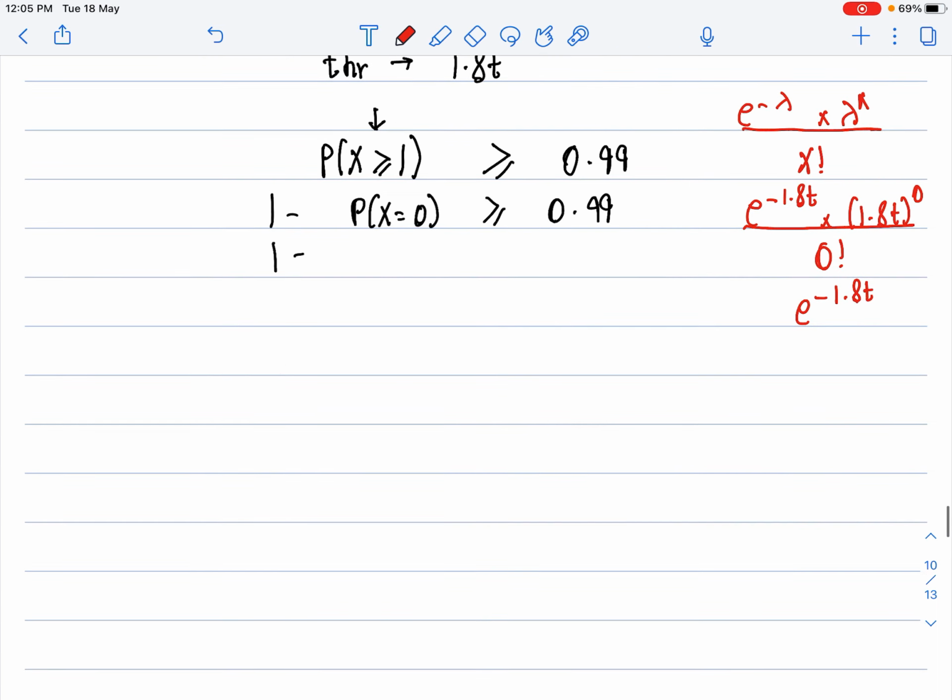So I can write this as 1 minus e raised to minus 1.8t, which is more than equal to 0.99.